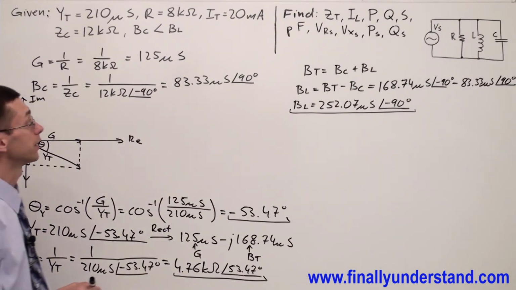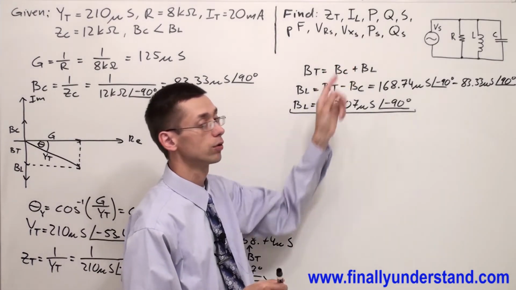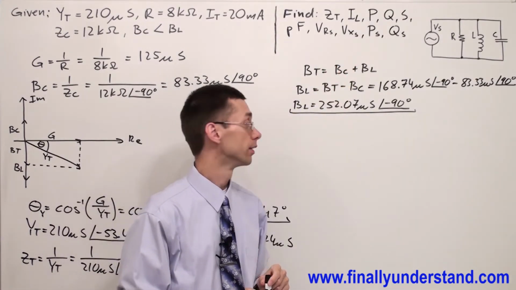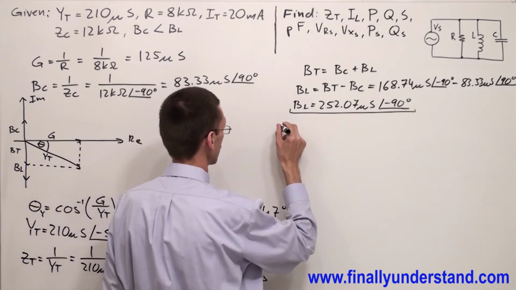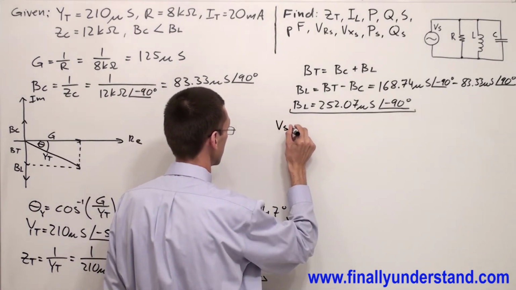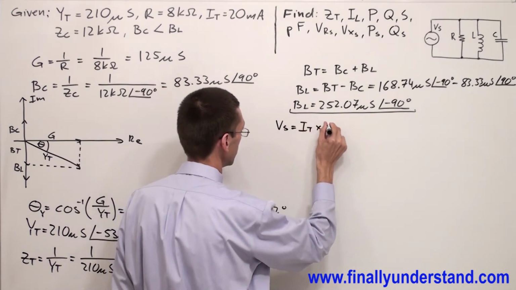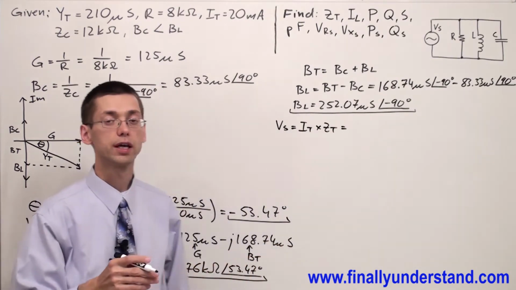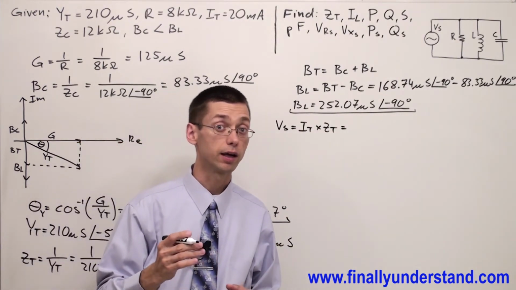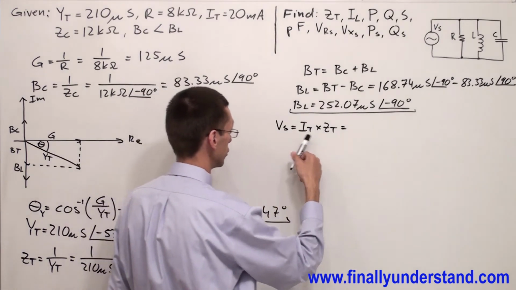Now, in order to find the current which goes through the inductor, I'm going to find the voltage source, because I'm going to use Ohm's law. So voltage source is equal to I total times Z total, because I want to keep the voltage source having an angle of 0 degrees. I'm not going to include any angles in my calculation.